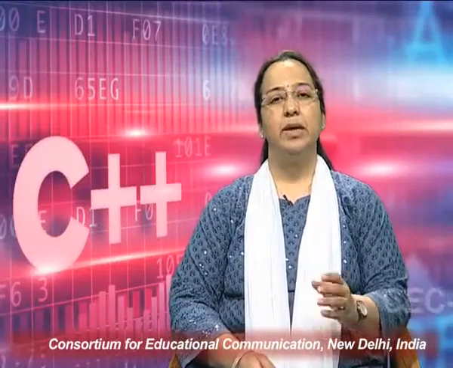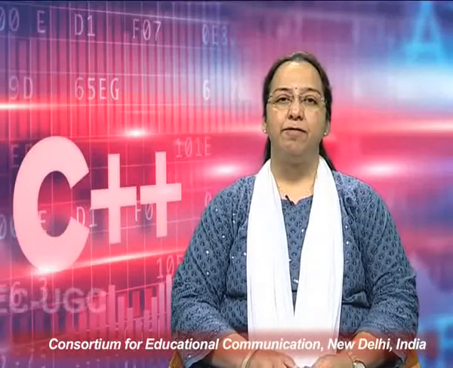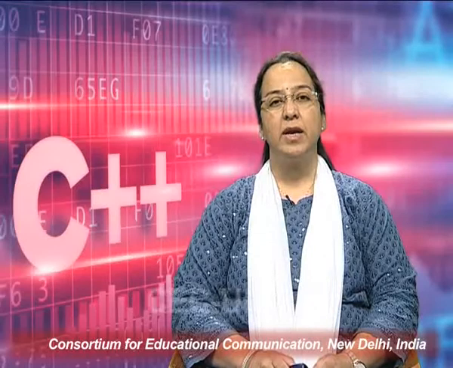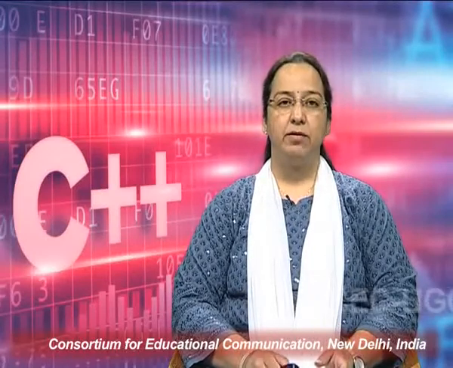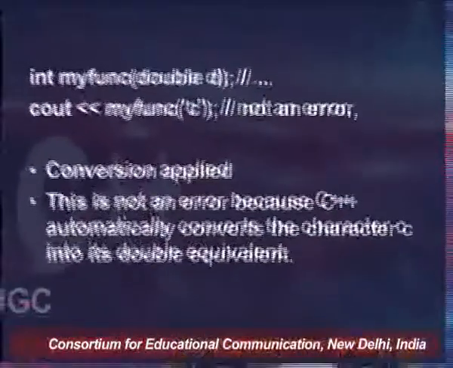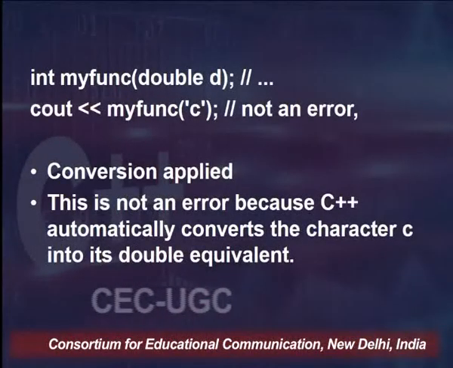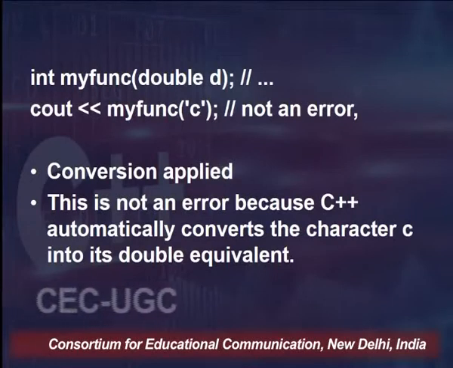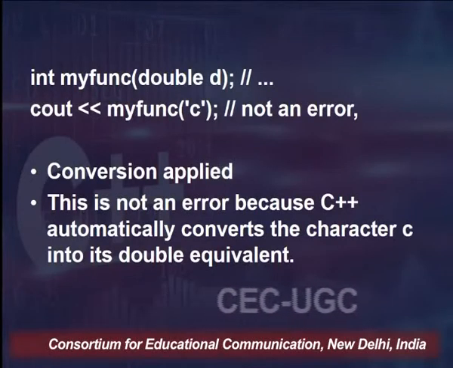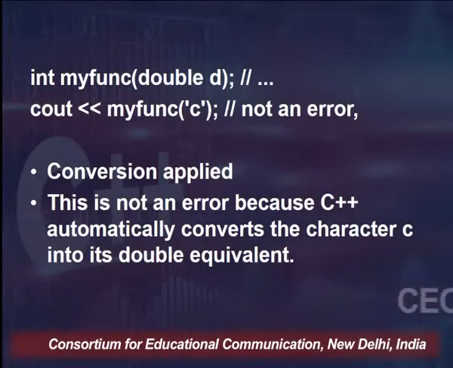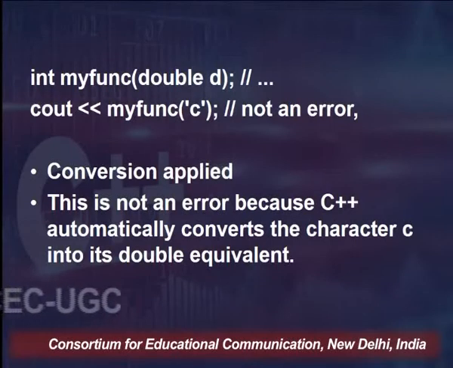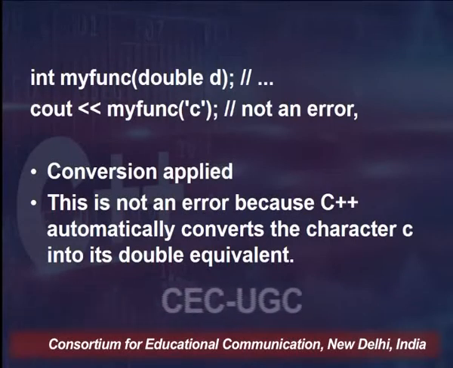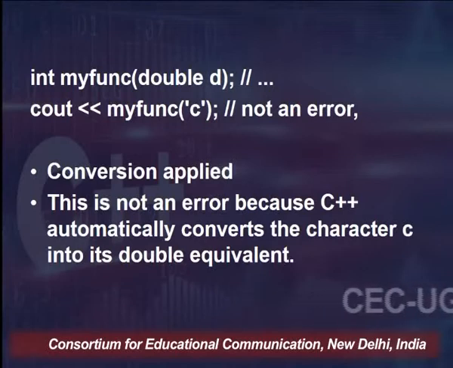Coming to the example, we have a function, myfunc, which returns an integer, and its parameter list has one parameter of type double. Somewhere later in the program, I am calling this myfunc with a particular character, passed in single inverted commas, which means it is of character type.